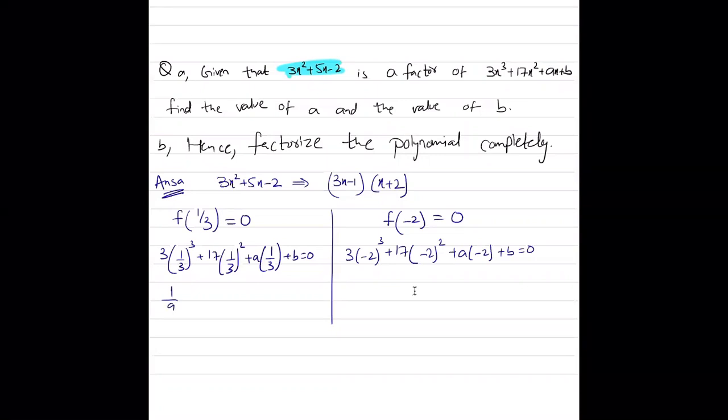The first term is going to be 1 upon 9. The second term is going to be 17 upon 9 plus a upon 3 plus b equals to 0.